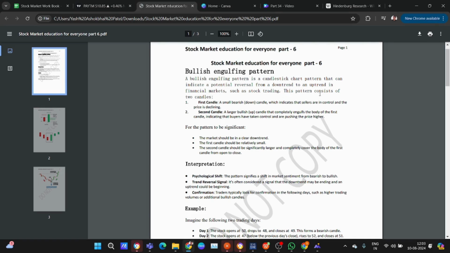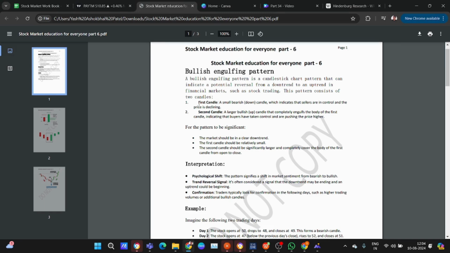This pattern consists of two candles, the first candle and the second candle. The first candle is a small bearish candle, which indicates that sellers are in control and the price is declining.